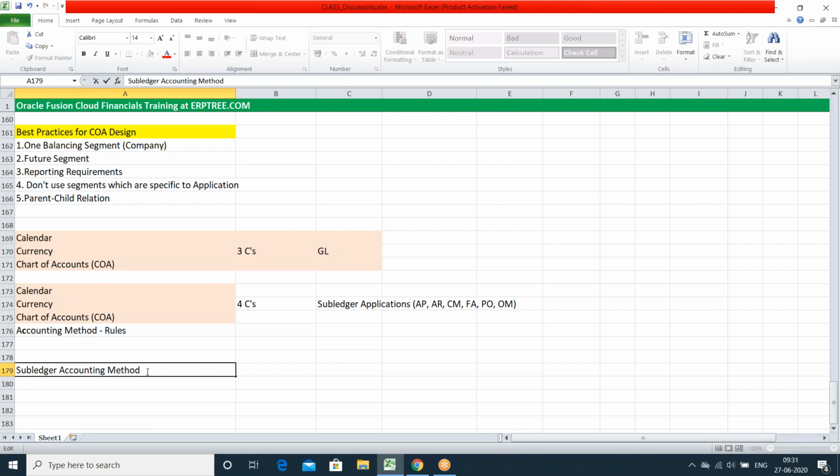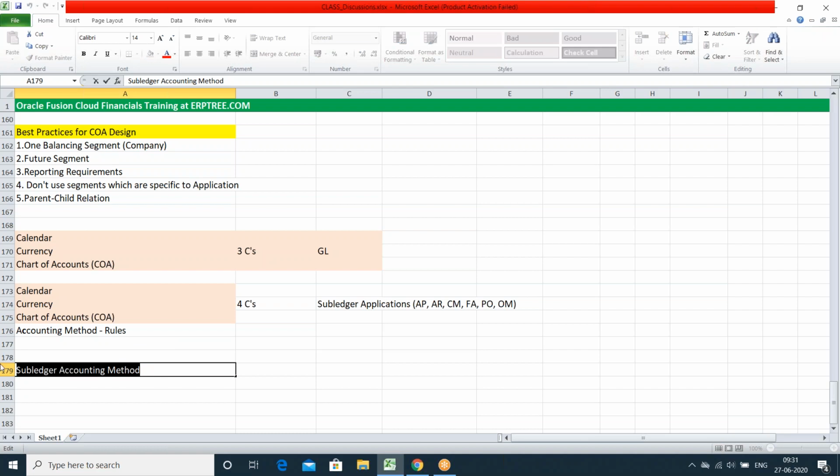That is the reason the accounting method which we use in the subledger applications, we call the subledger accounting method. Means to create the accounting for subledger applications, there is a methodology which the system will follow with the help of rules, that we call the subledger accounting method.